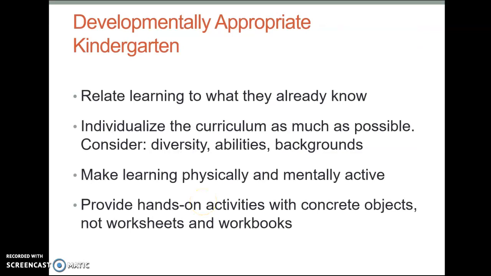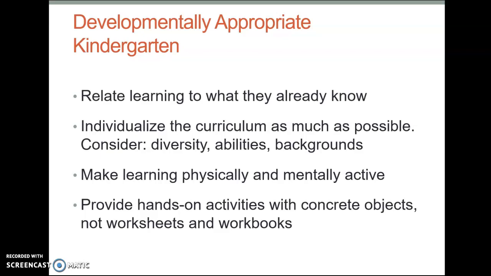When we look at developmentally appropriate kindergarten through that lens, and when we think about early childhood, being 5 and 6 years old is still within the realm of early childhood. So when we're looking at what developmentally appropriate kindergarten should look like through that lens, we relate learning to what they already know.